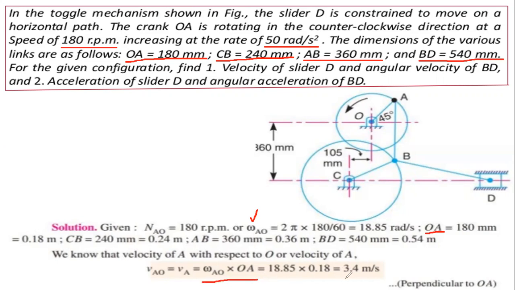So in total we get the value 3.4 meters per second. This is the velocity of the crank OA.